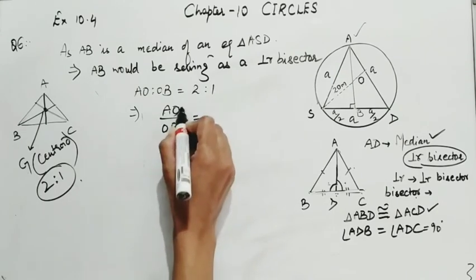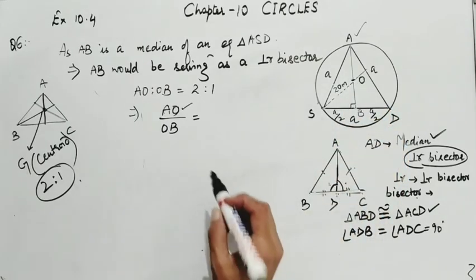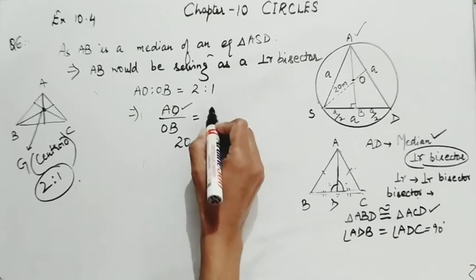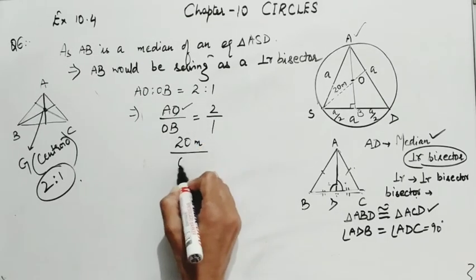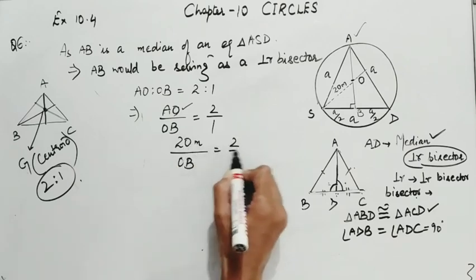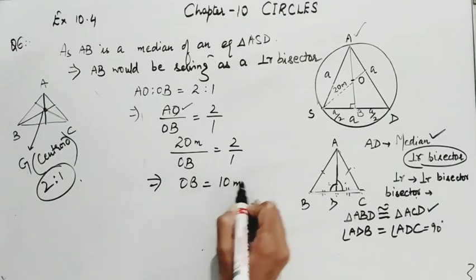What is the length of AO? Let's put the value of AO. AO is the radius of the circle. So, radius of circle is given 20 meters. This is 2:1. So, 20 meters upon OB is 2:1. That makes the length of OB as 10 meters.